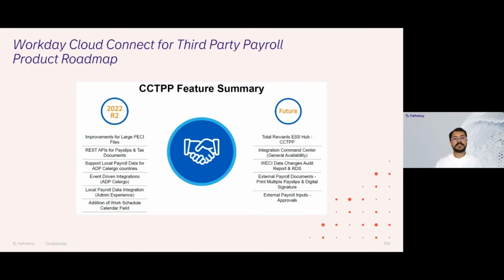They are increasing the efficiency of payroll integrations. And what they are targeting in the future is more on total reward, ESS hub, and integration command center. On Vici, they are focusing on the data changes audit file, external payment documentation, and external payroll input.